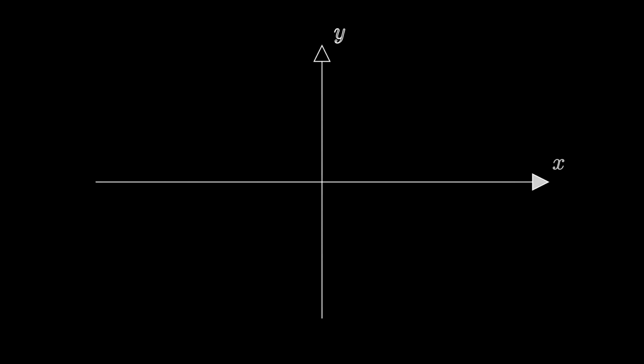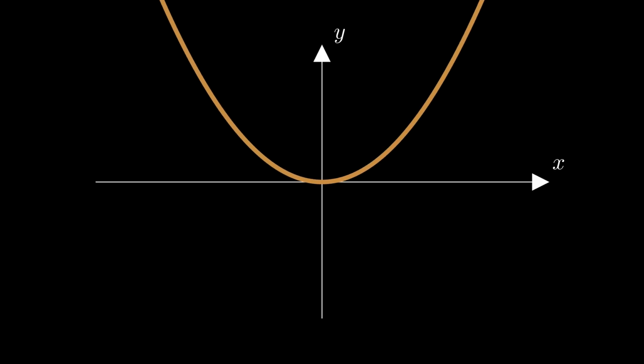So what we can do is to take our number line containing all the numbers R, and we draw another number line perpendicular to the first one, and this contains all the numbers squared. So we're basically finding all the numbers squared, and this orange curve represents all the numbers squared.